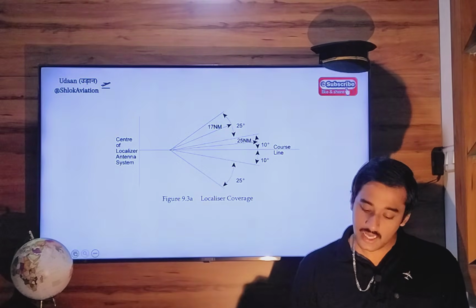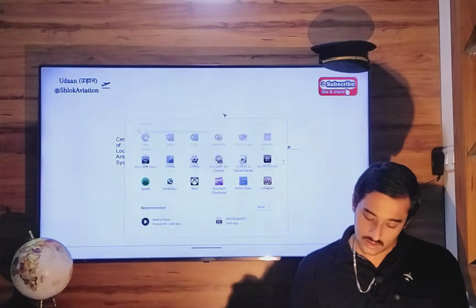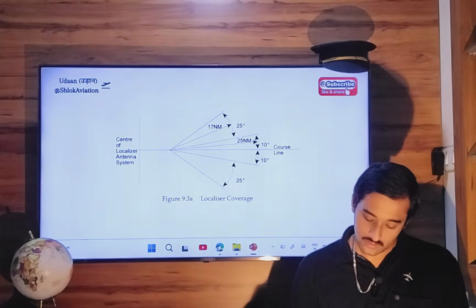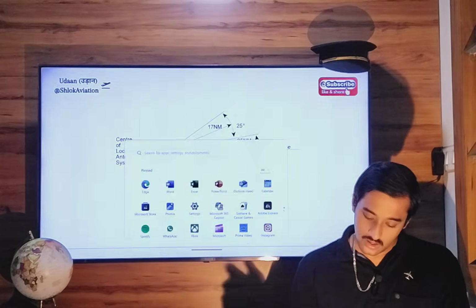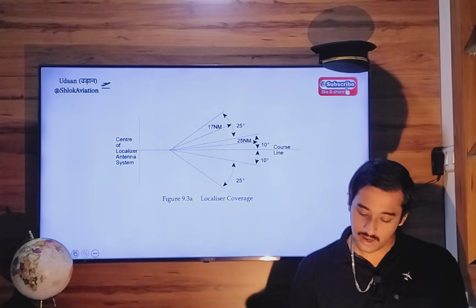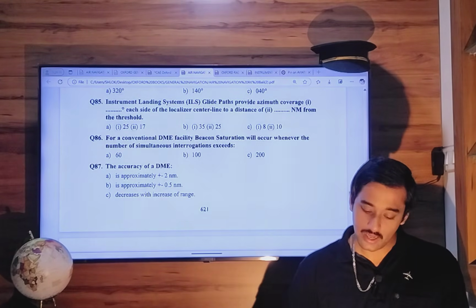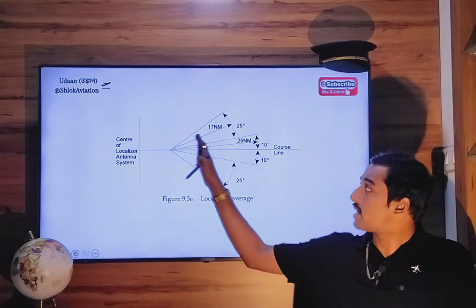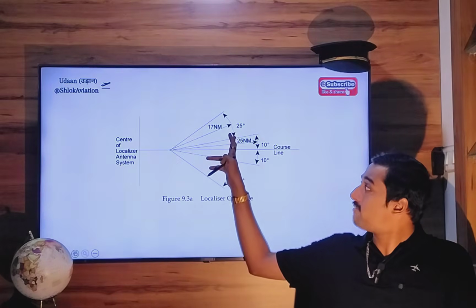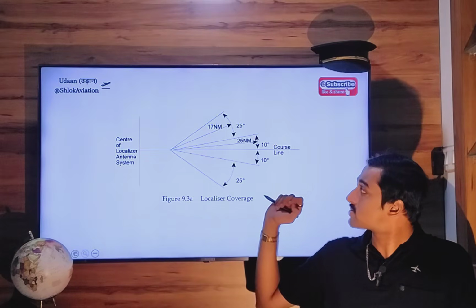So 10 degrees on each side of the localizer center line, 25 nautical miles. So we do not have that kind of option, 10 degrees. We have 25 degrees, 35 degrees, 8 degrees. So next possible coverage is, if you are 17 nautical miles away, the coverage will be 25 degrees either side.